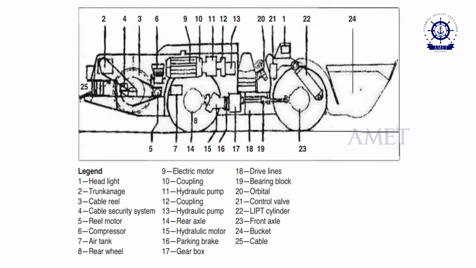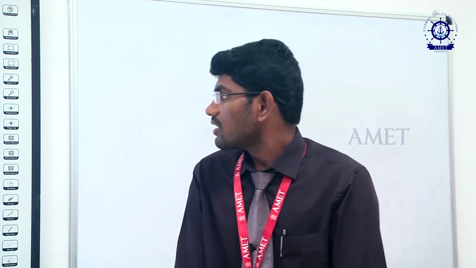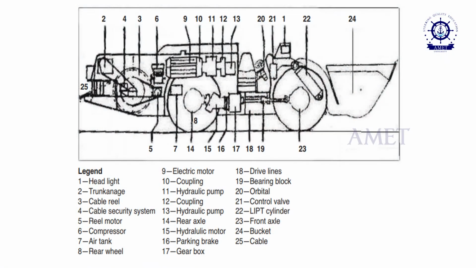First one is headlight, second one is cabin, bucket, back reel, back bucket, hydraulic pumps, park brake, air tank, trunk cage, cable reels, parking brake, gearbox, drive lines, bearing block, orbitals, hydraulic motors, cables and couplings, electrical motors, and hydraulic pumps, in the front side, back side and mid body of the LHD. Among these parts, the drive system plays an important key role, and hydraulic pumps and motor power are required to run and move the LHD in mines.